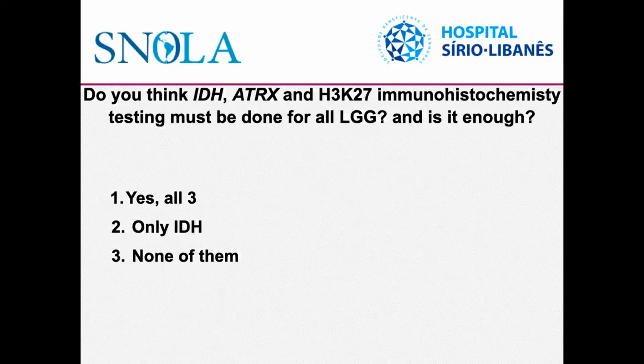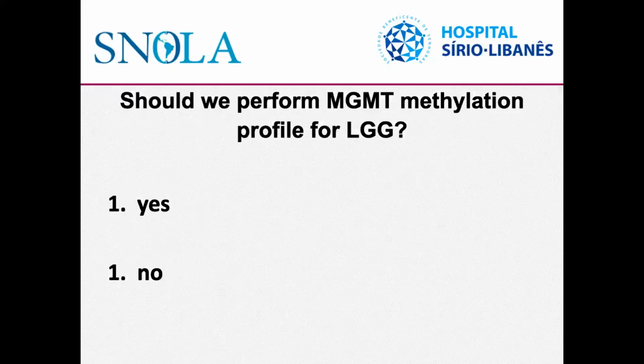If it's an IDH mutant tumor and it has ATRX loss, then we know that's an astrocytoma and it will not be 1p19q codeleted, because if there's an ATRX mutation, you will not see the 1p19q codeletion. Only when we have an IDH mutant tumor with ATRX intact do we consider oligodendroglioma, and in that setting, we do the FISH for 1p19q codeletion. So it's actually a very small subset of cases where we send for 1p19q evaluation.